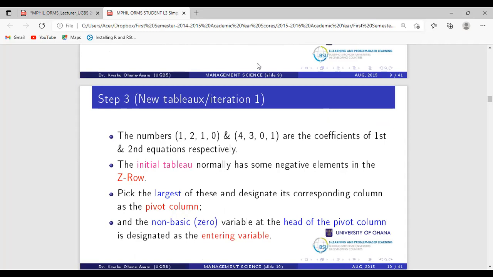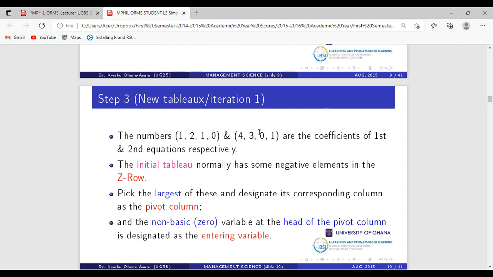Okay, so Dinah, if I get it right, does it mean that you keep doing the iteration until you get the value of your optimal solution? Exactly. You will keep doing it. Iteration 0 is always the initial one, so there is no way you can get your solution there.